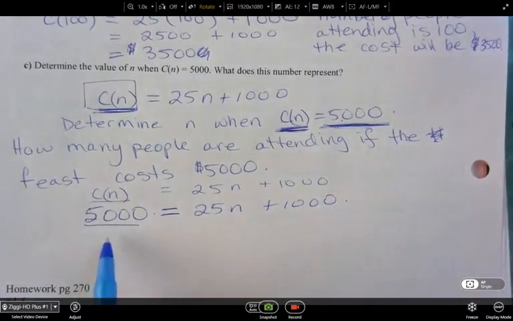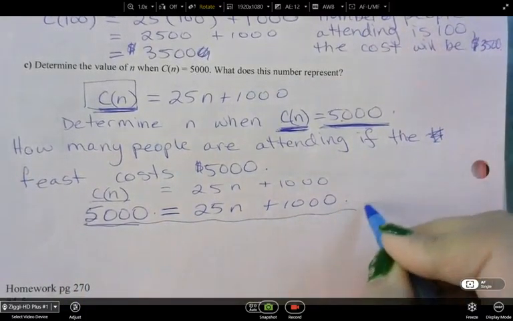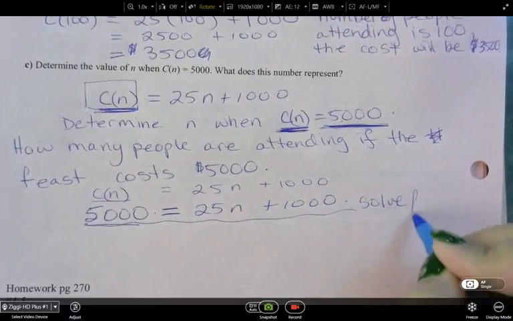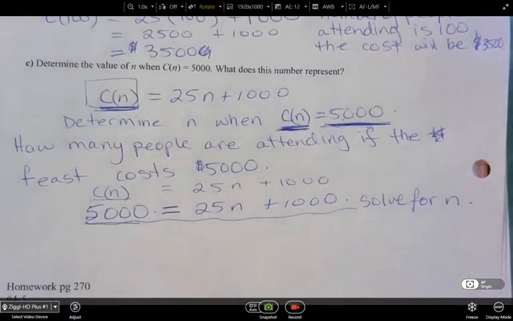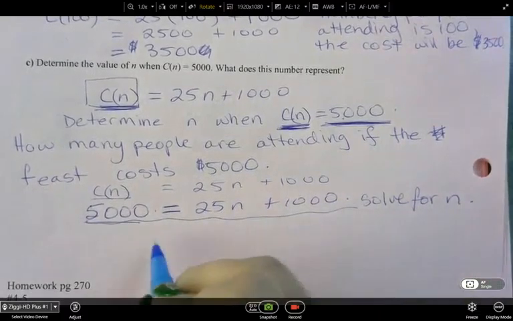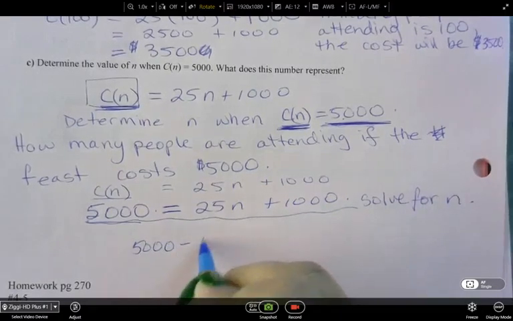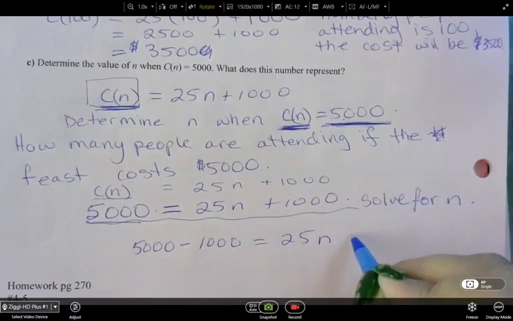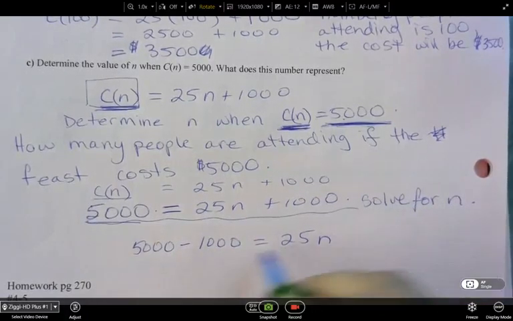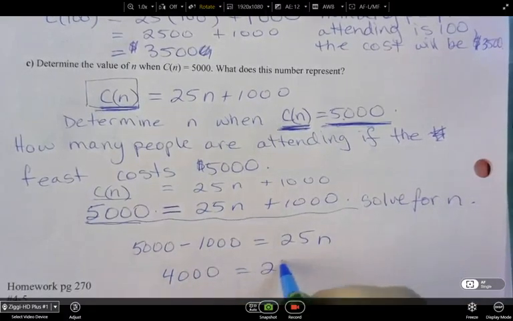And then what we're doing is we're going to solve this equation for n. So we need to isolate n. So what are the steps to isolating n at this point? So subtract by 1,000. So you're going to have 5,000 minus 1,000 equals 25n. And then that's going to be 4,000 equals 25n.